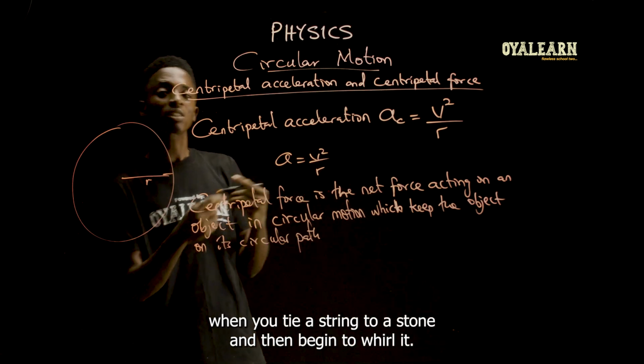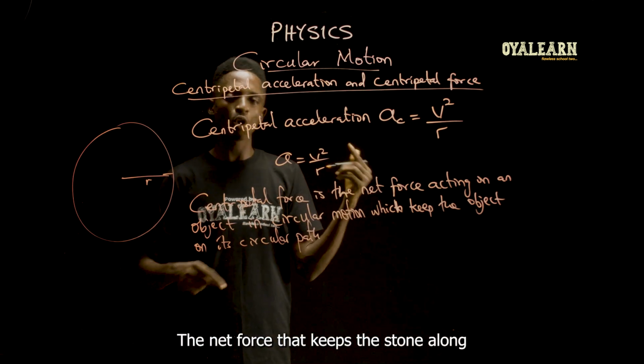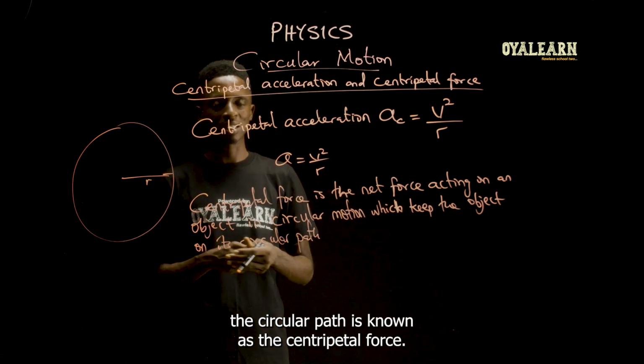So that is, when you tie a string to a stone and then begin to whirl it, the net force that keeps that stone along the circular path is known as the centripetal force.